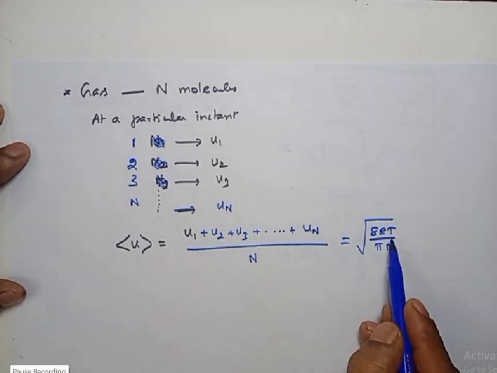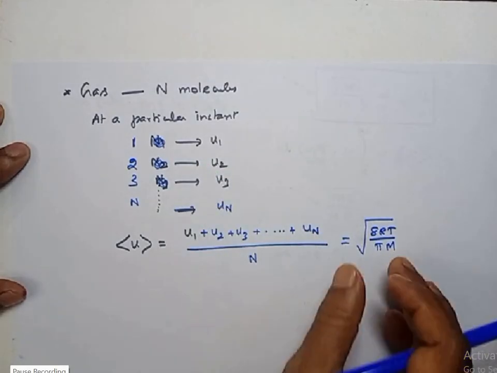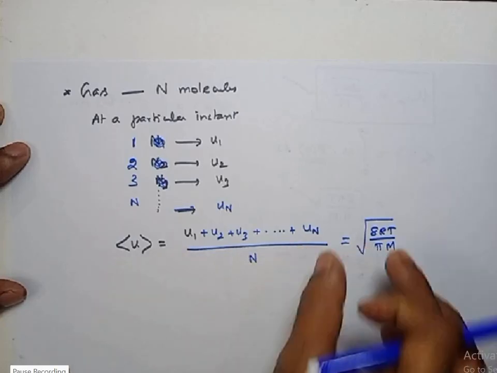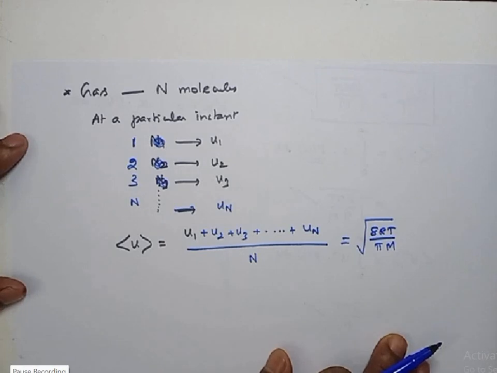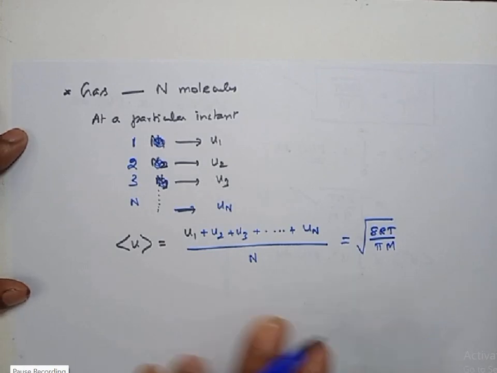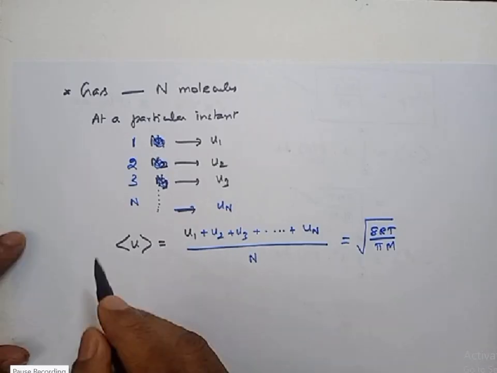So if you know the temperature and the molar mass of the molecule, we can find the average velocity directly. But this formula is applicable only for ideal gas. Keep that in mind. Okay, this is the meaning of average velocity.